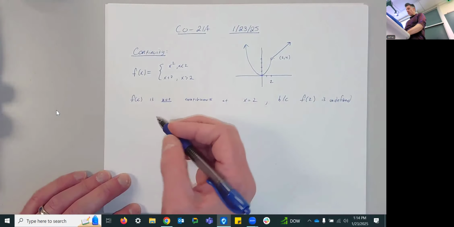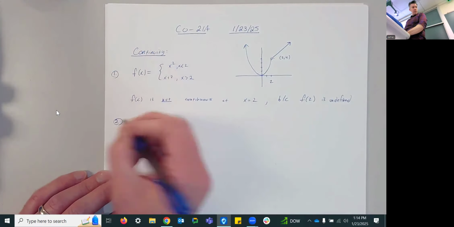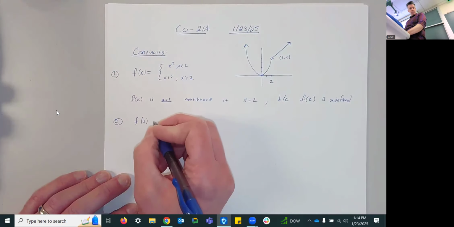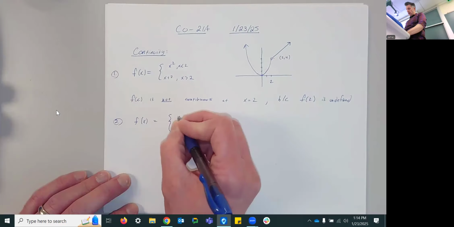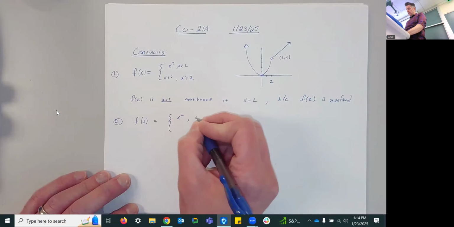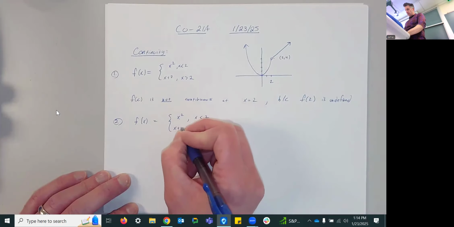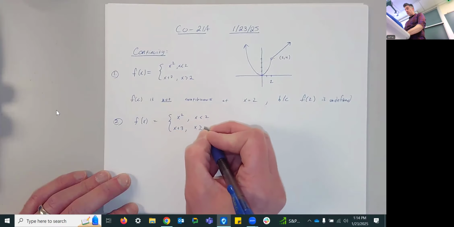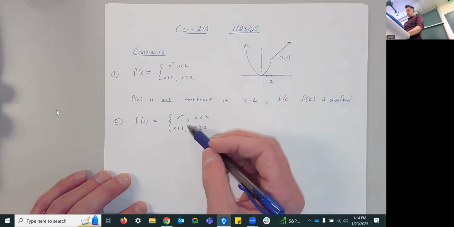Let's look at this second example, where it's going to be similar, except now it's going to be equal to still x squared when x is less than 2. But now it's going to be equal to x plus 3 when x is bigger than or equal to 2. So a couple of things are happening there that differentiate this piecewise function from that one.